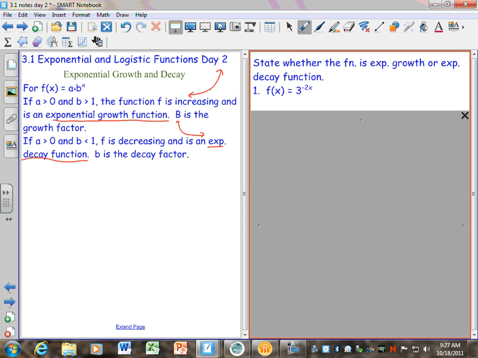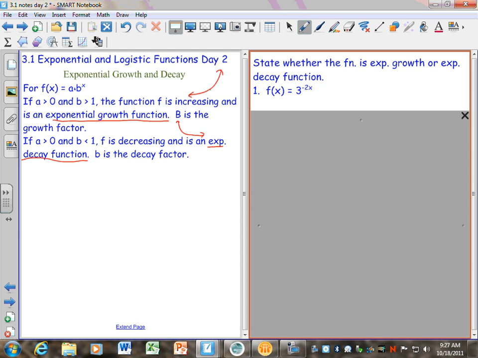I always look at the exponent, and I feel like that's not really telling us anything right now. What do you think for number 1? Do you think that it's growth or decay? It doesn't really fit what we just wrote over there, though. Do you agree with that?